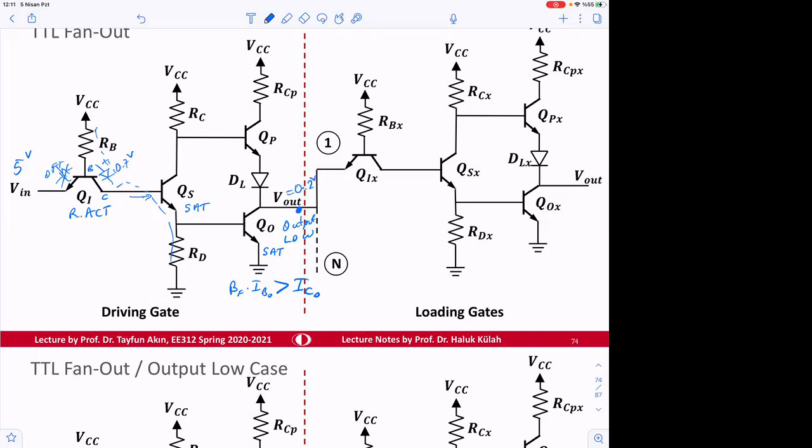Initially, this ICO is coming from two sources. Maybe coming from here or coming from the next stage. If nothing is coming from the next stage, if n is equal to 0, ICO would be 0.